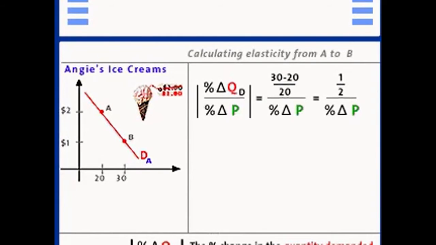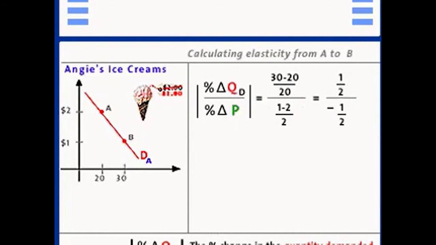Now divide by the percentage change in price. The price goes from $2 to $1. Take the new price of 1, subtract the old price of 2, that gives you -1, and divide by the old price of 2. Now we have -1/2, or -50%.